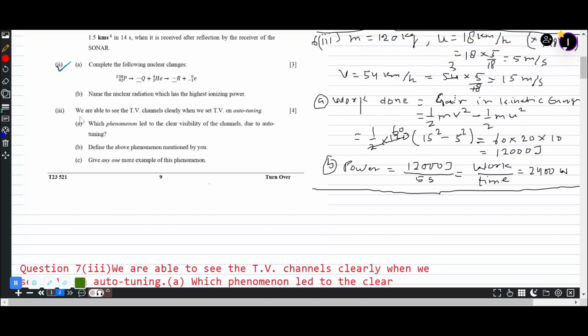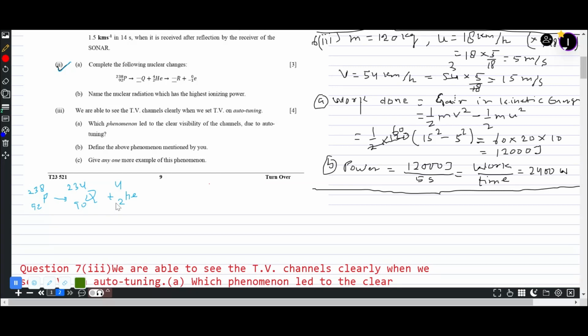So what is happening here is 92 U 238 is transforming into, we don't know this, and we know 2 He 4. So we'll balance out the mass number and atomic number. 238 minus 4 is 234. 92 minus 2 is 90.